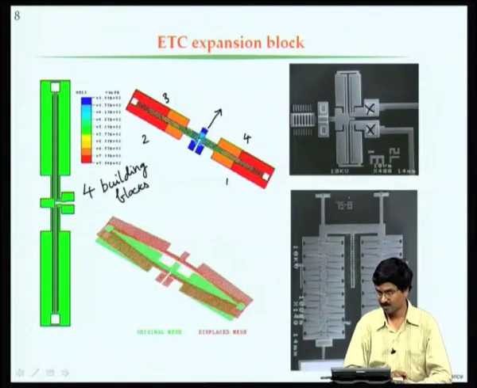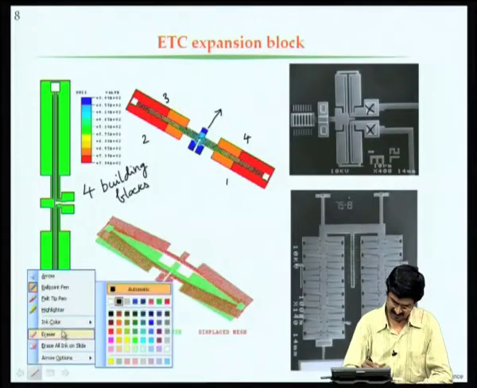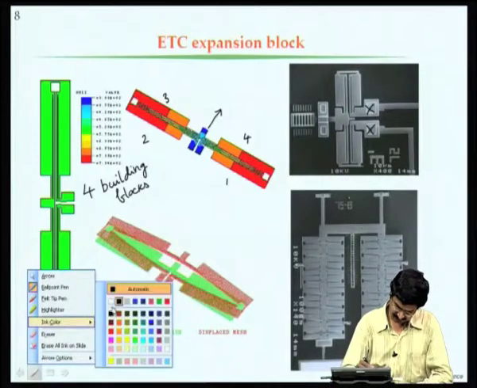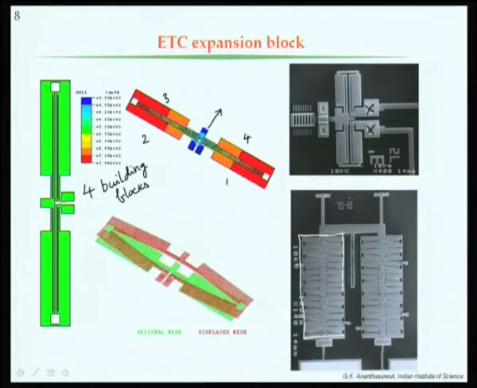In fact, what we could do is take a large block of this kind. Let us say we look at this large block over here, and make very tiny holes. You see the holes. If I take this block, I just need to make these slits here.